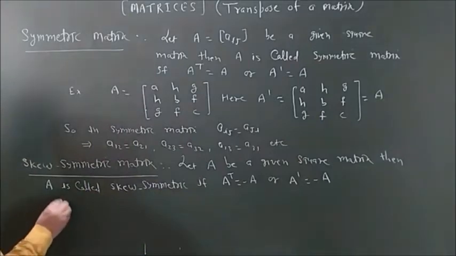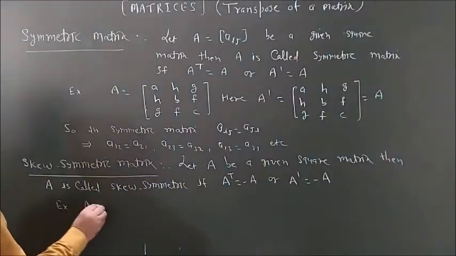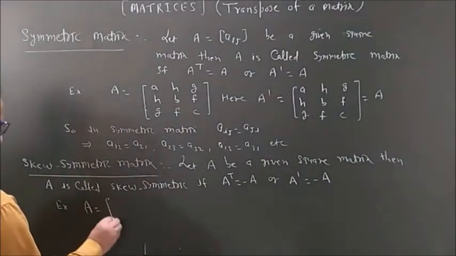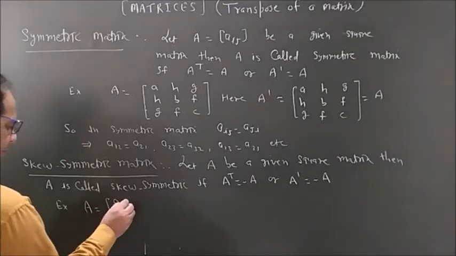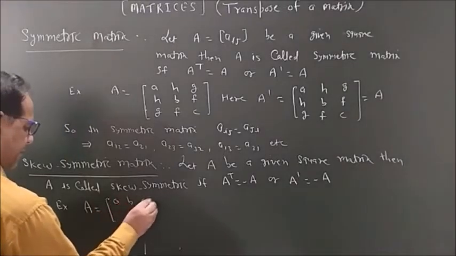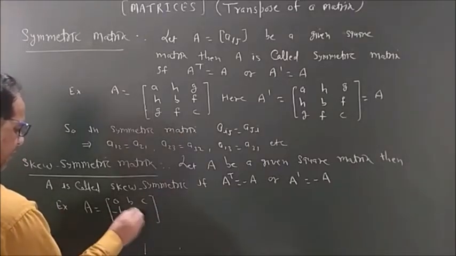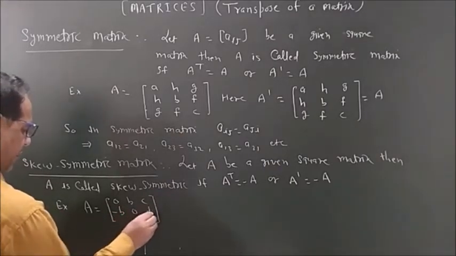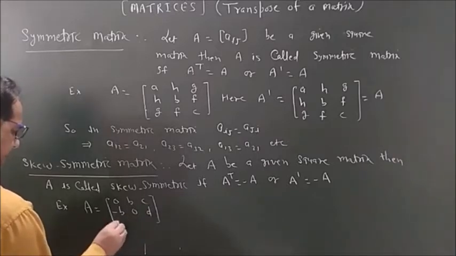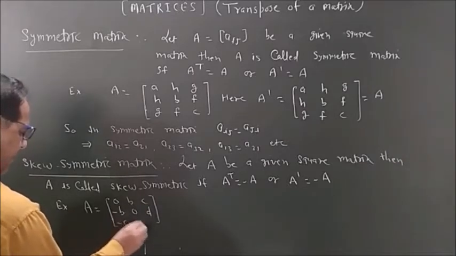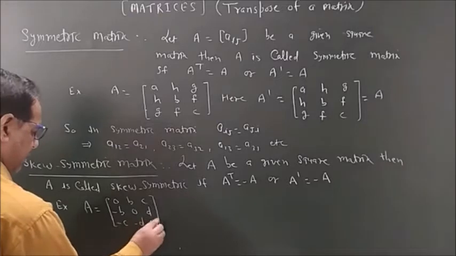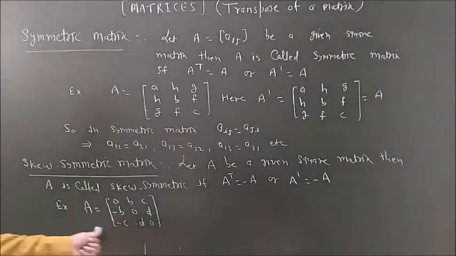For example, A equal to [0 B C; minus B 0 D; minus C minus D 0]. Suppose that A is the given square matrix of 3 by 3.